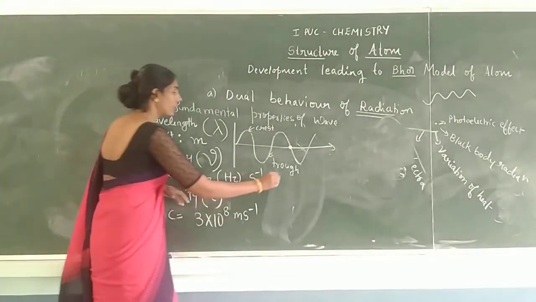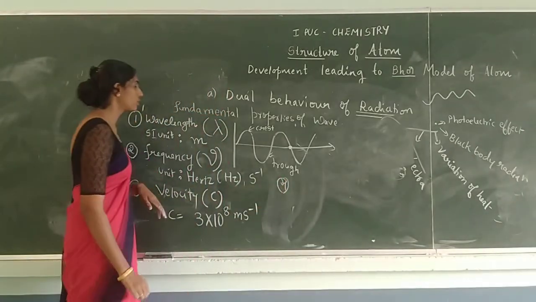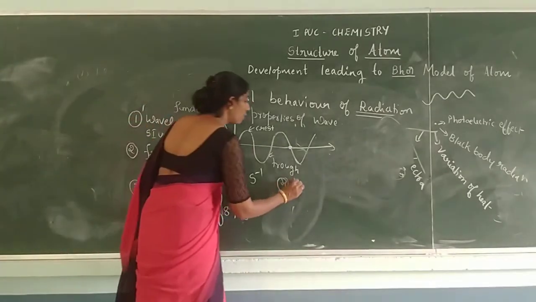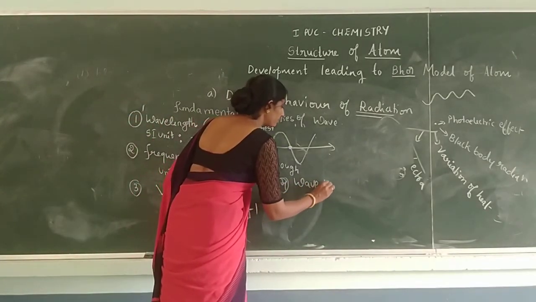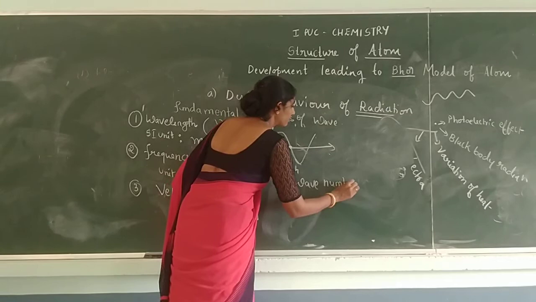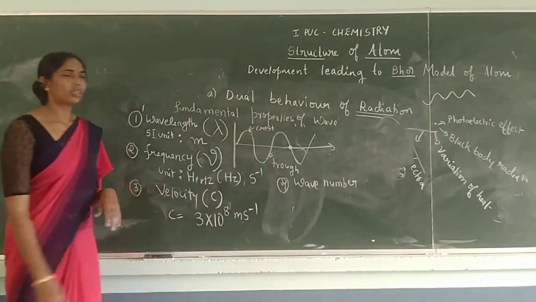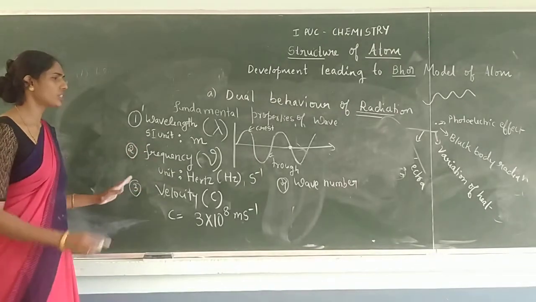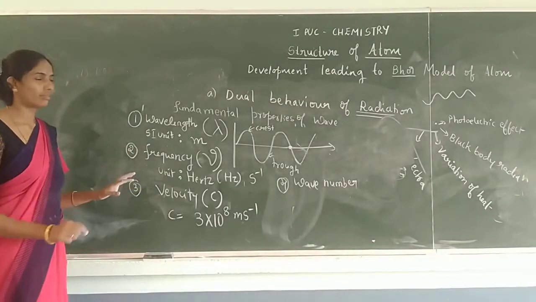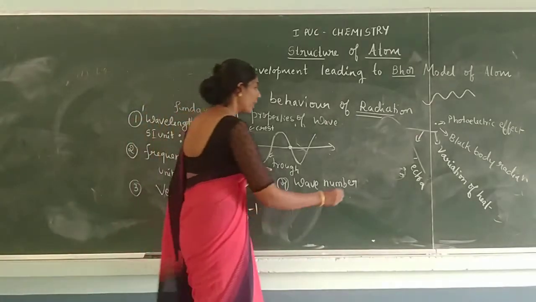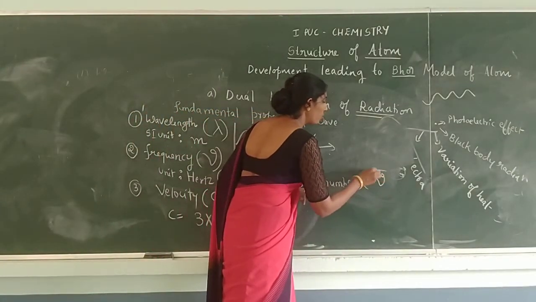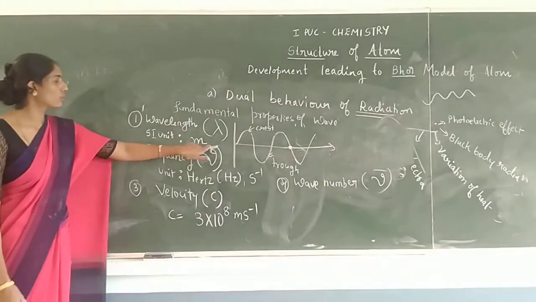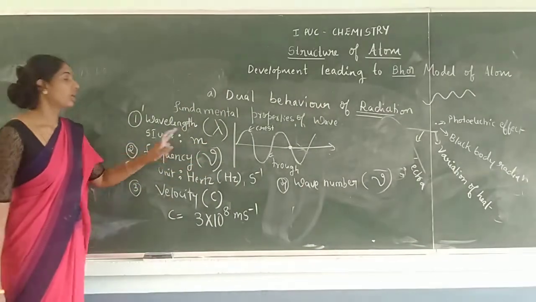And the last fundamental property used in measuring electromagnetic radiation is wave number. All these properties and terms you have studied in your high school level itself; we just glance at the definitions. Wave number is usually given by mu bar. Remember, it is given by mu with a bar over it.